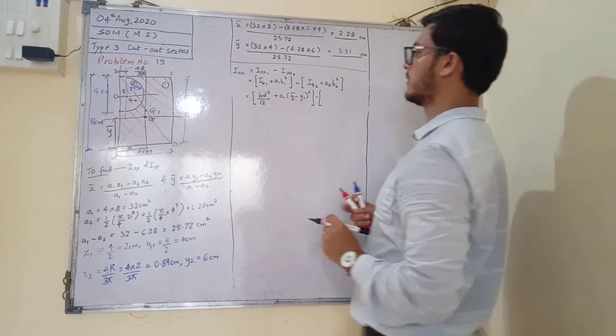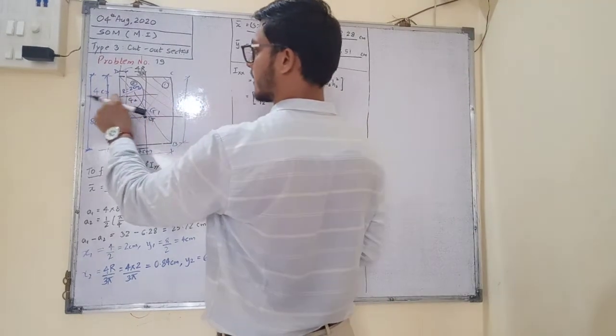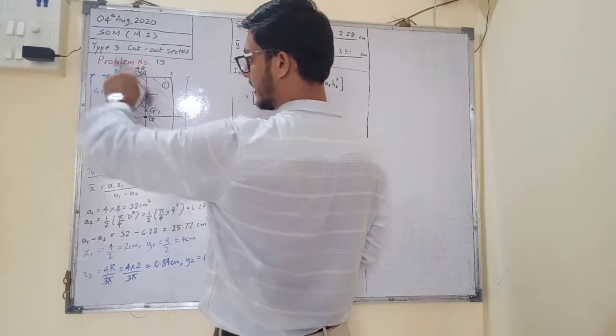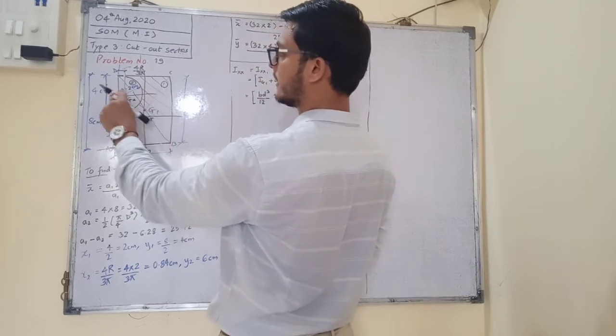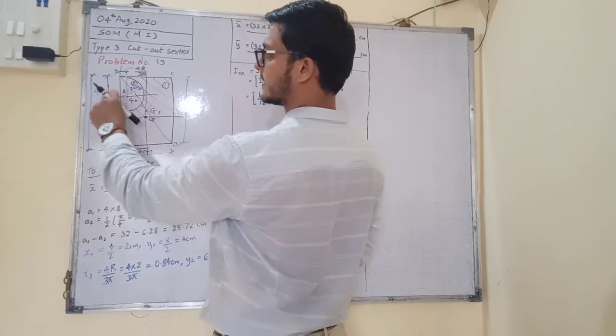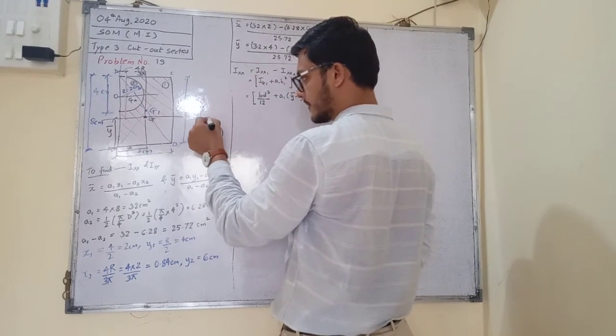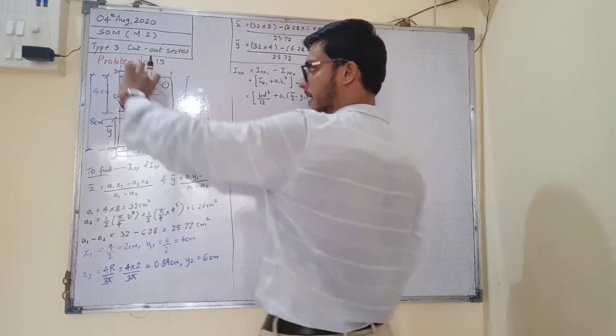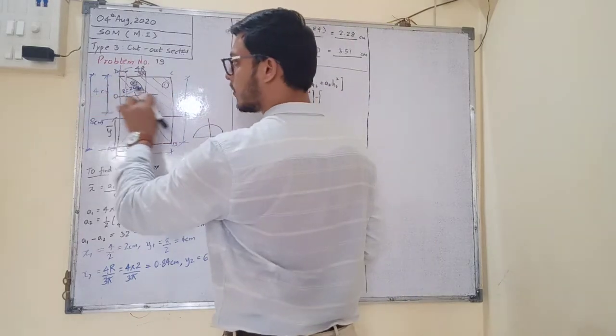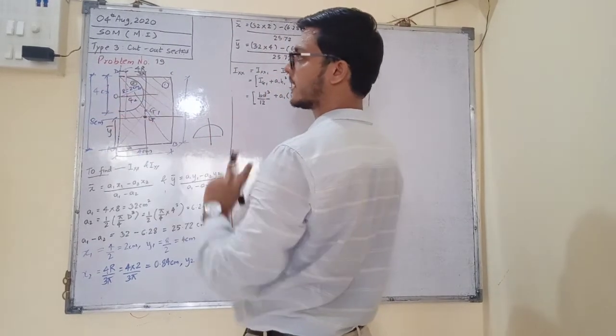Here you have to be careful. Moment of inertia of semicircle along x-axis. This semicircle has been rotated by 90 degrees. So this is the x-axis, which is actually the y-axis. If we see it like this, this is the y-axis, but it is placed in this manner. So now the moments of inertia Ix and Iy will get interchanged.